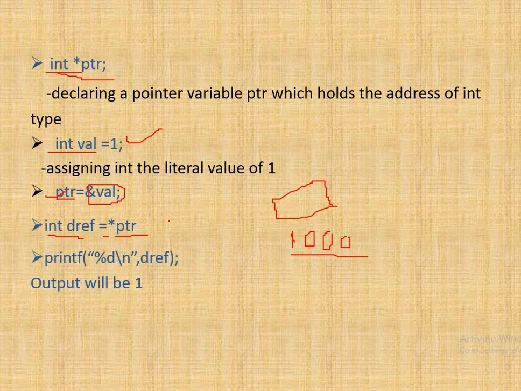It means what is the value of ptr? ptr is holding this 1000. So what we are writing here is the value at ptr. What is the value of ptr? ptr is 1000. So the value at 1000 is 1. So the output will be 1 here.